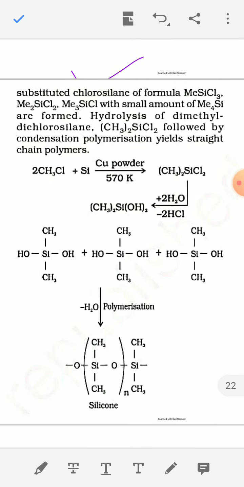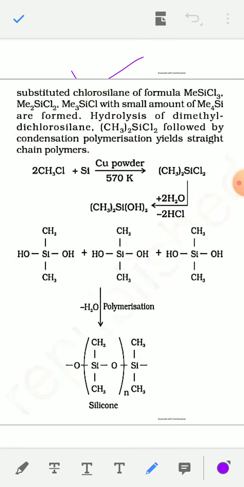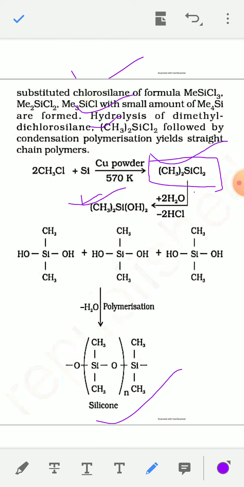On hydrolysis of dimethyldichlorosilane, (CH3)2SiCl2, it reacts with water and forms (CH3)2Si(OH)2, and when this compound undergoes condensation polymerization into a straight chain polymer, it gives silicone.